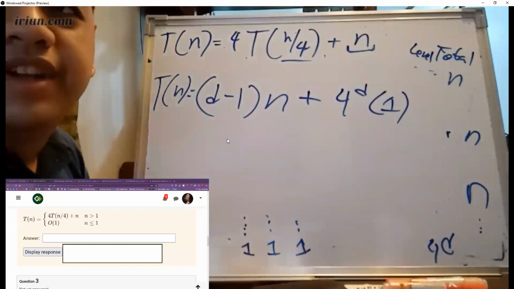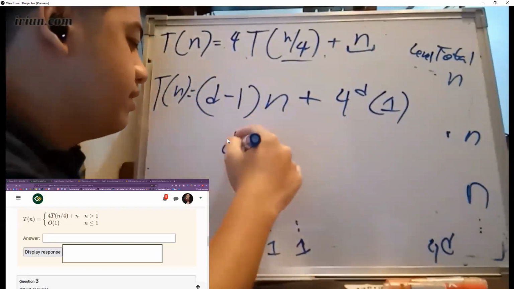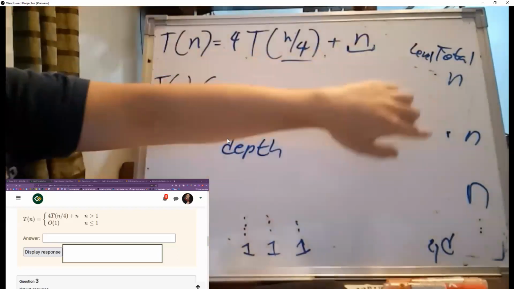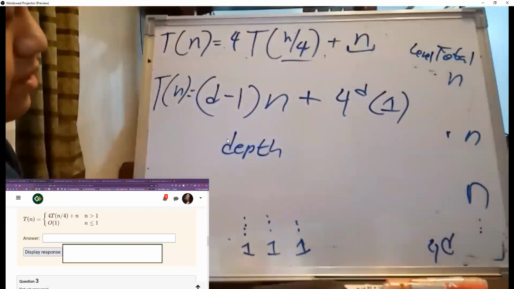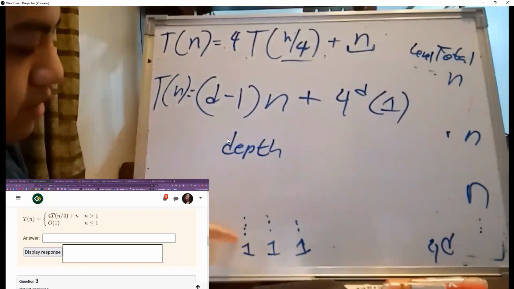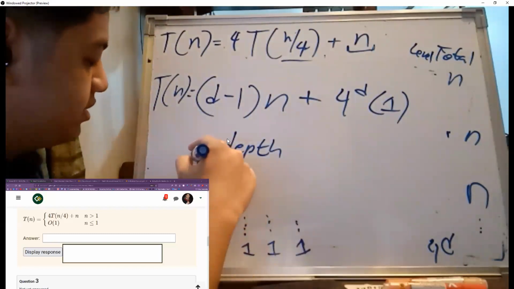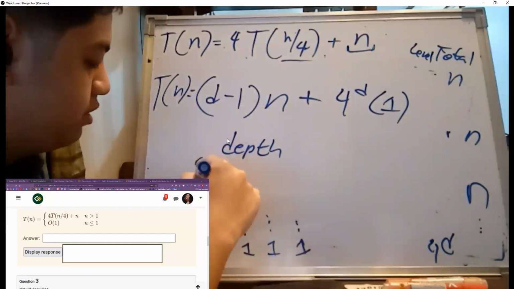And then, makuha natin dito yung depth, is yung number of levels. So, in order to reach yung 1, di ba yung terms natin kanina is n, tapos n over 4.